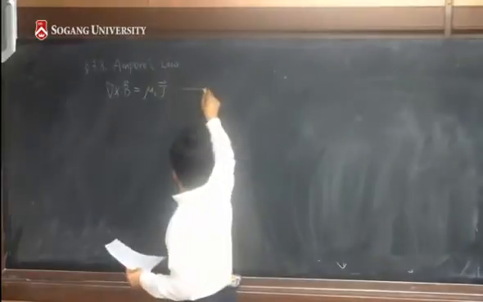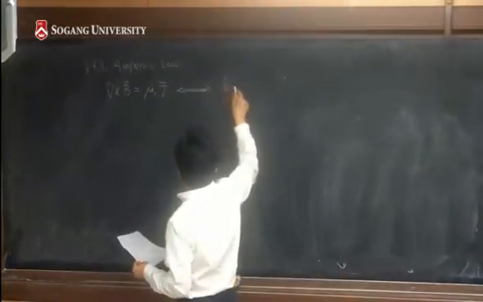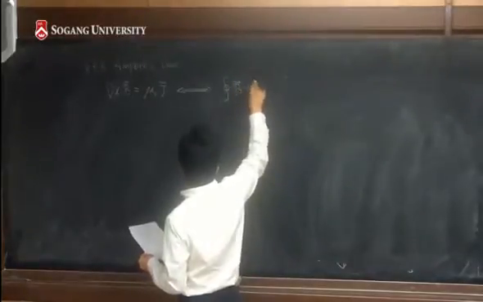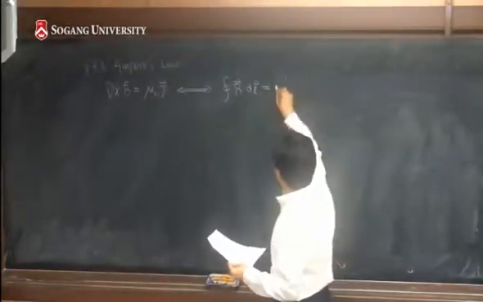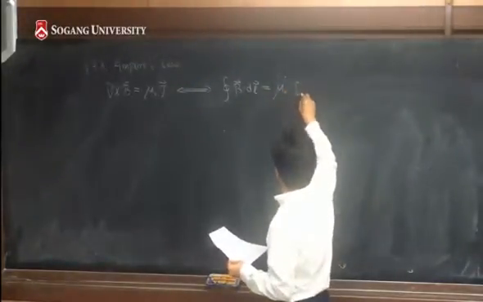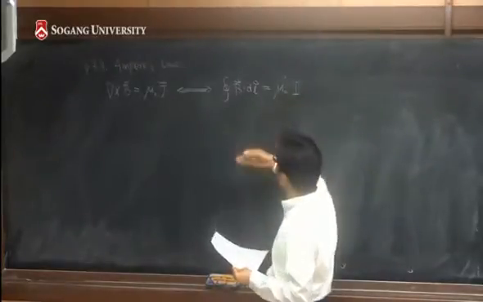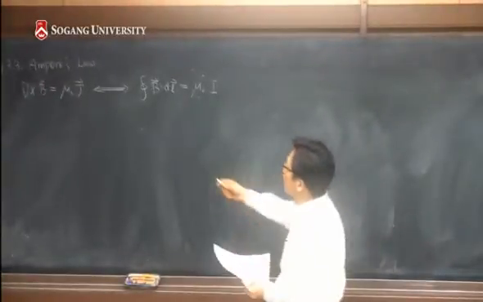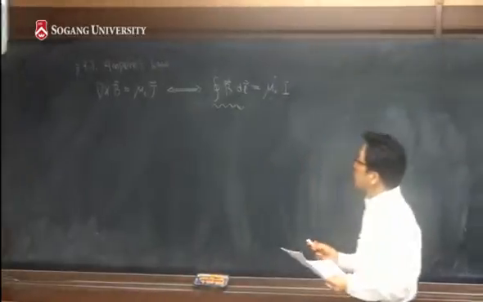And the integrated form is taking a line integration of the magnetic field along the line we take, which you can equate with the current going through the surface which is enclosed by the closed loop whose integration is taken like this.